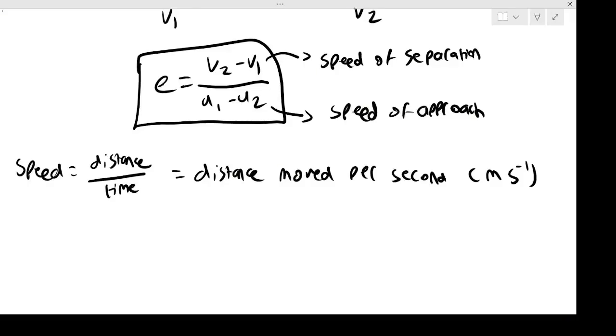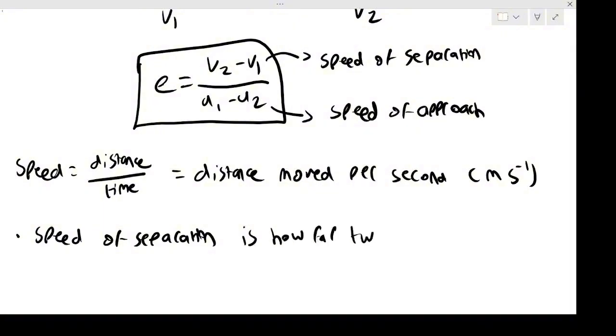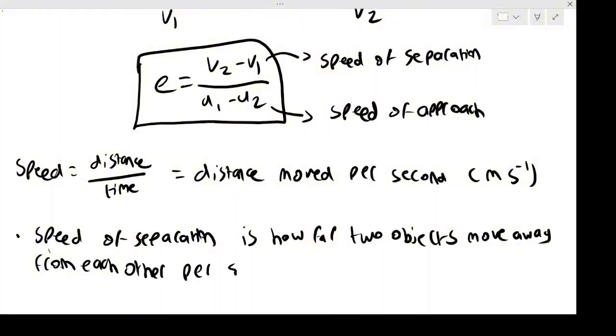So with that in mind, I can explain the speed of separation. Again, it's in the name: separation. It's the speed afterwards, after they collide, after they separate. So that tells me how far two objects move away from each other per second, after a collision.